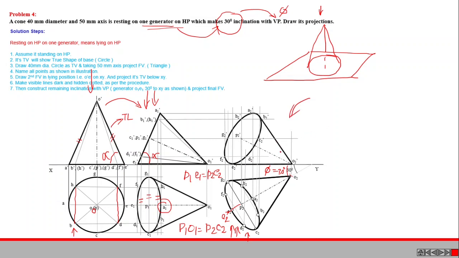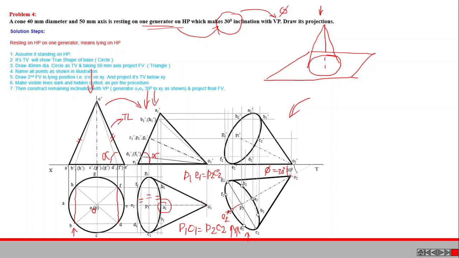Here the most important part is that this particular inclination with VP is true inclination with VP, and we can represent that true inclination in true length only. Here the top view of this particular generator E1 dash O1 dash is E1 O1, and that E1 O1 is in true length.